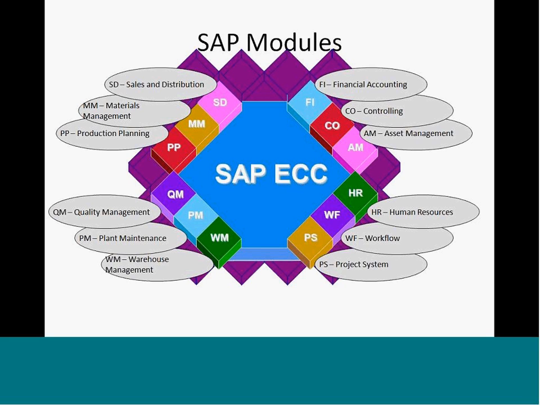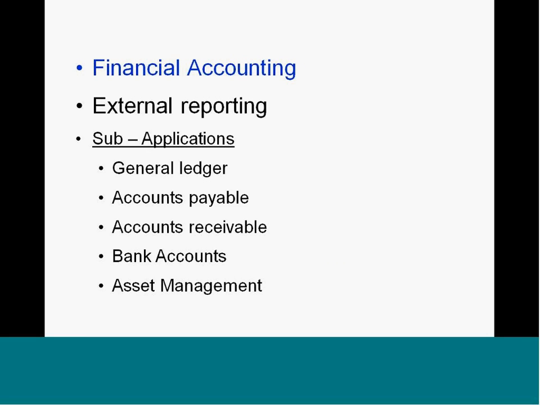Now, what are the things we have to know in FI? I hope you can see my screen now. In FI, the first thing we are going to do in the training is design the enterprise structure. Enterprise structure means here in SAP you will have the company and the company code, like a parent company and its subsidiaries.